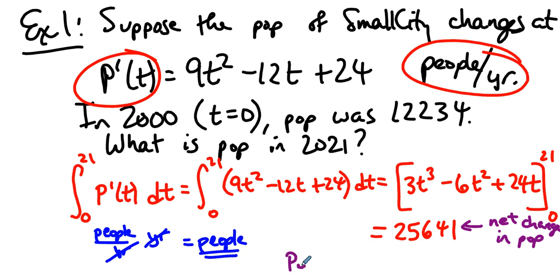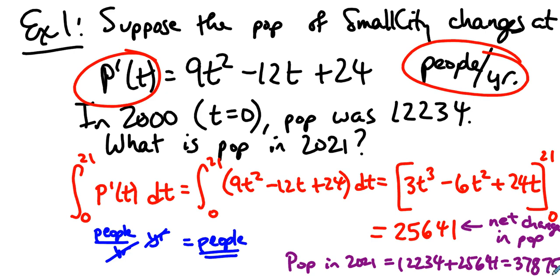So the population in 2021 is whatever it was in 2000 plus that net change, whatever that turns out to be, 37,875 people. That's the population in 2021.